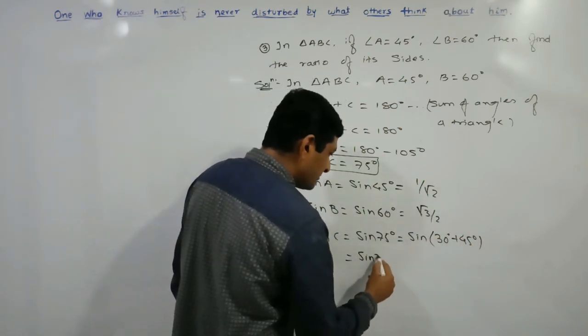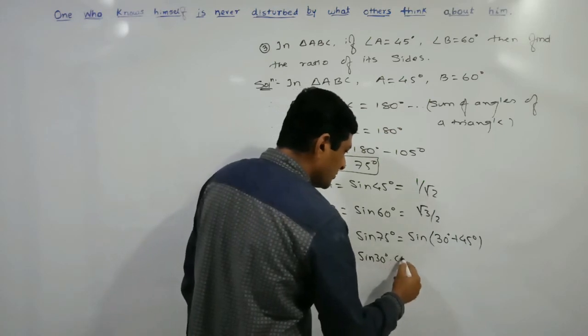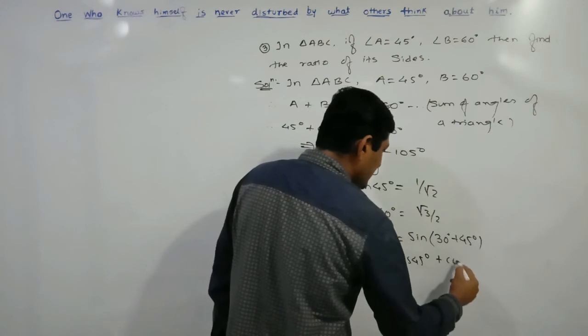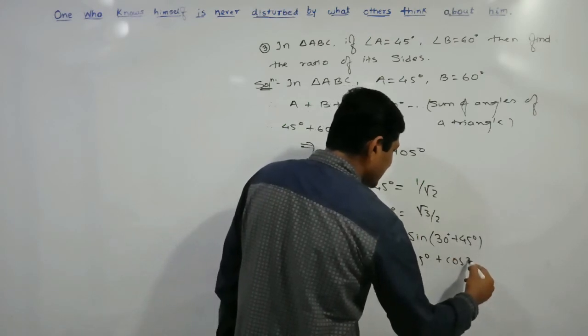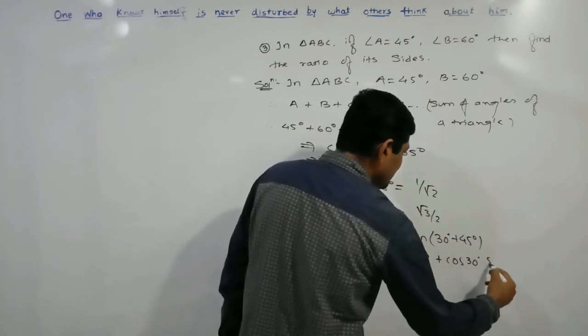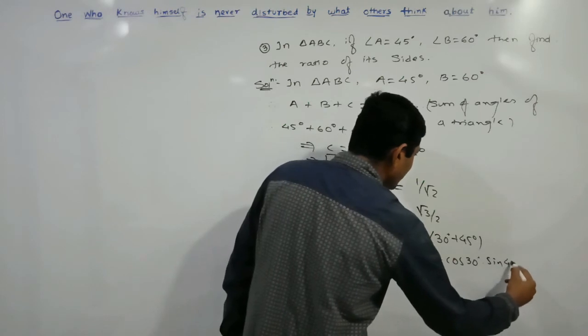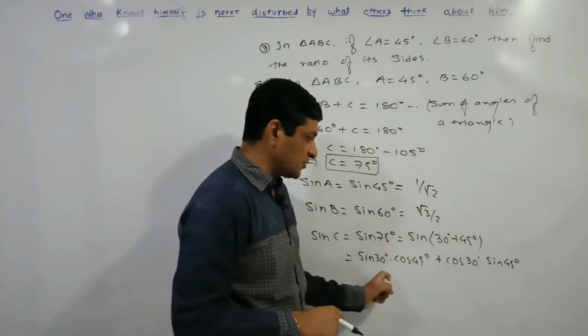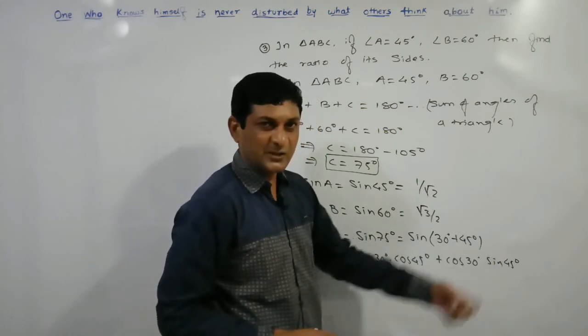Sine A means sine 30 into cos B, B means what? 45, plus cos A, A is what here? 30, into sine B, B is how much here? 45. Just we have applied which formula? Sine A plus B is equal to sine A into cos B plus cos A into sine B.